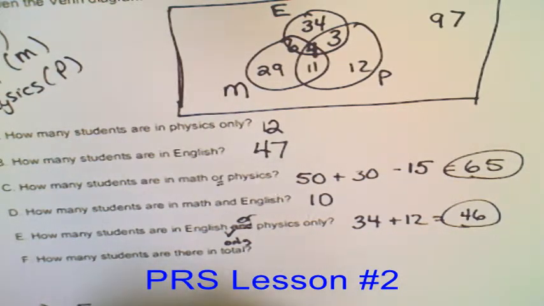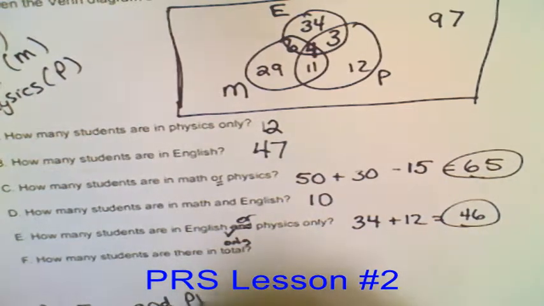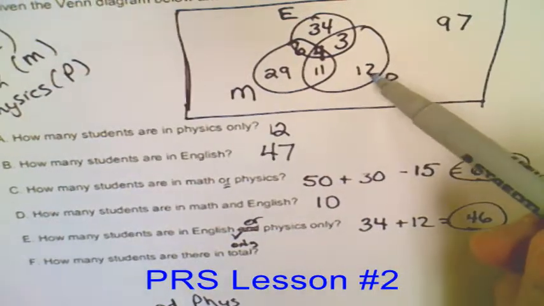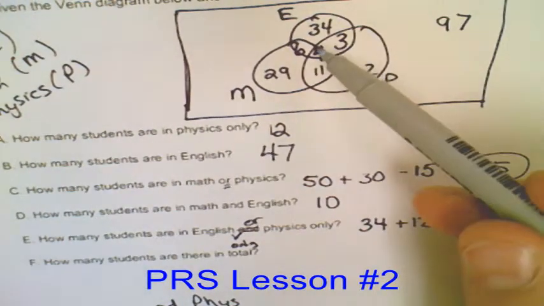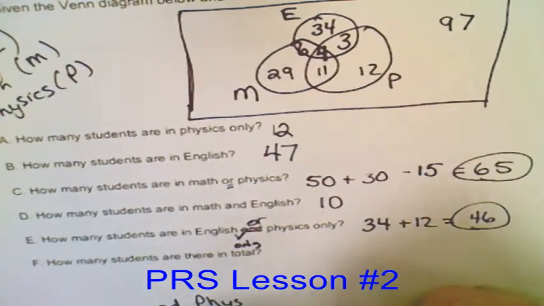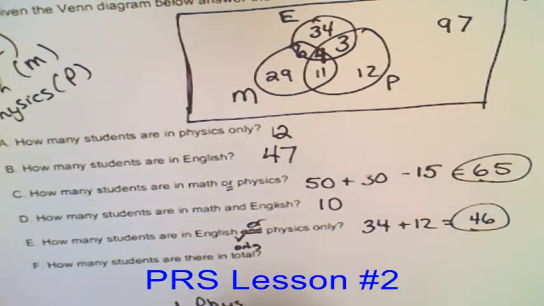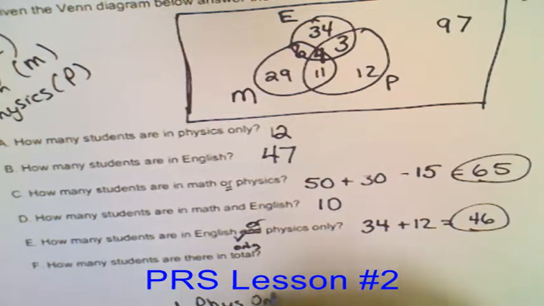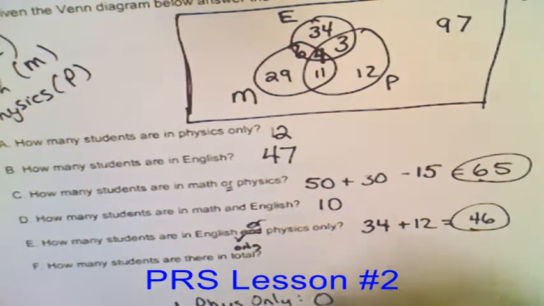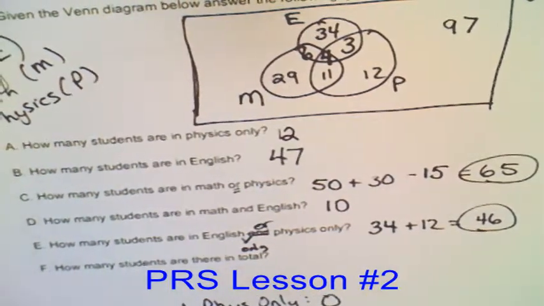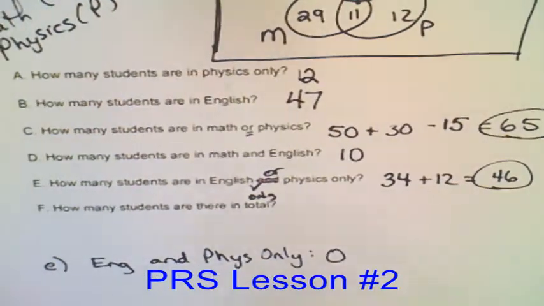I know what I wrote, or that's what I intended, because that's what I've got on my notes. So English only is 34. Physics only is 12. And so that's what you're going to add together. That's going to be my 46 for my answer. That's what I meant to write. I didn't write that very well.